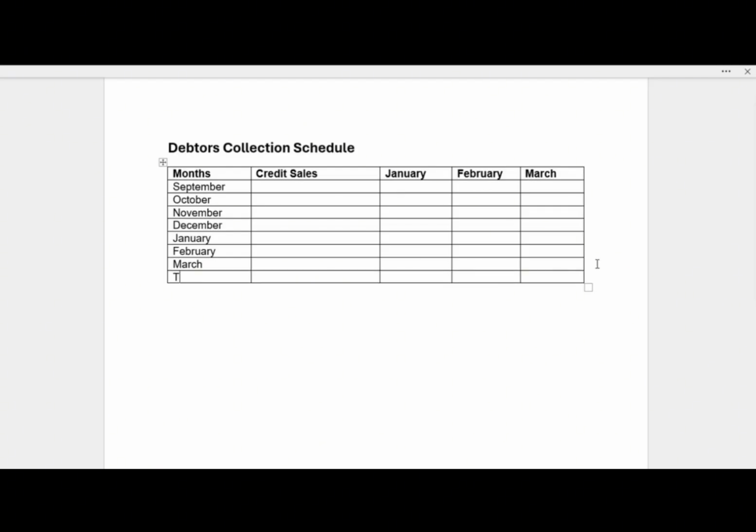That is the last month. Then you will have the total collections there for each month. All right, and then now we are done with the months that we are given there.